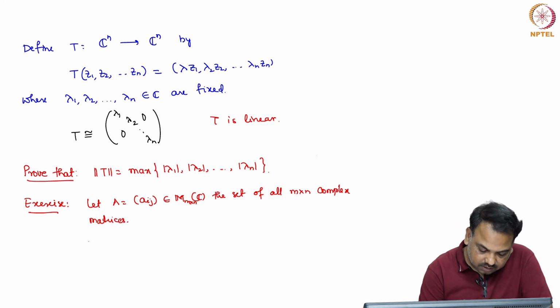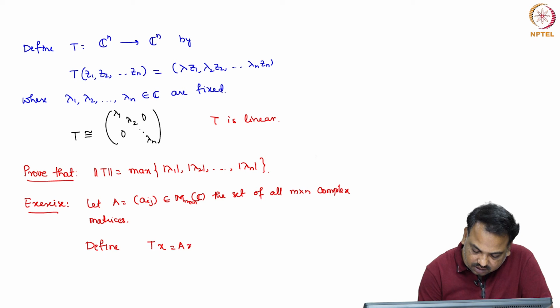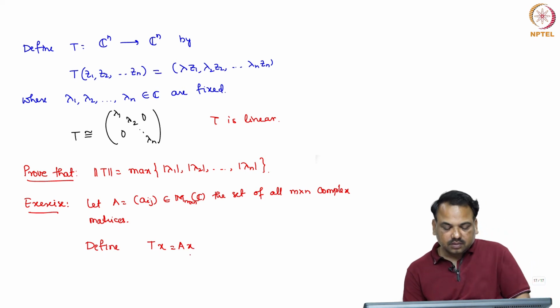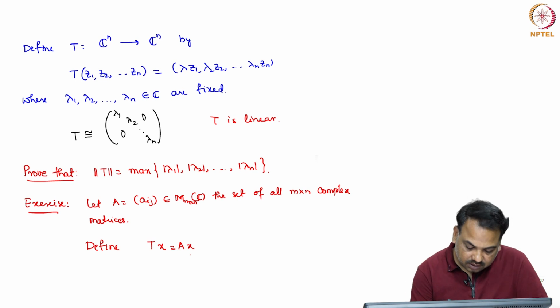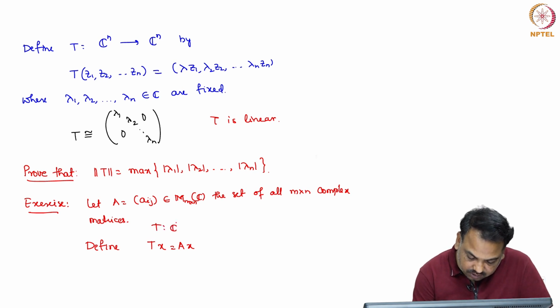Okay, define T of x is Ax. Now A can be viewed as a transformation from Cn to Cm. So A acts on Cn, so T is a map from Cn to Cm.